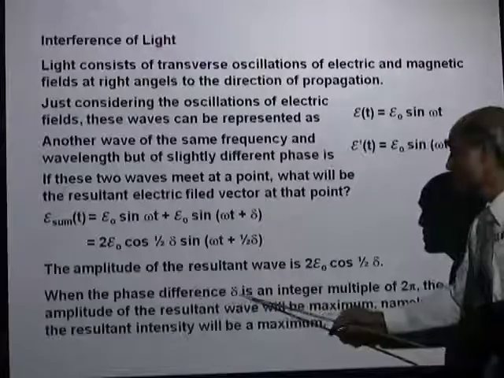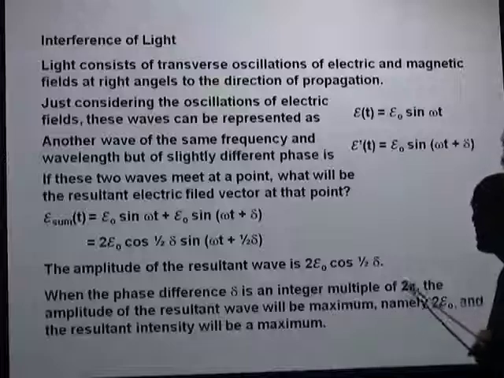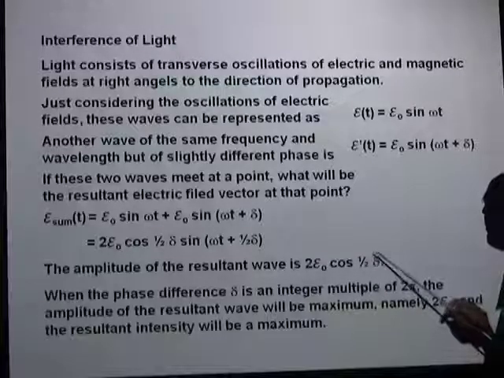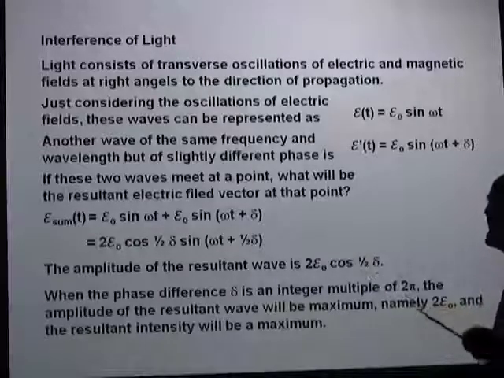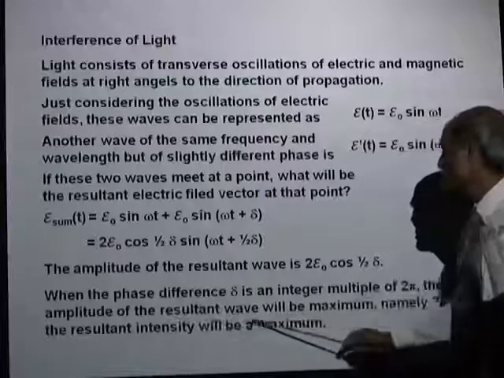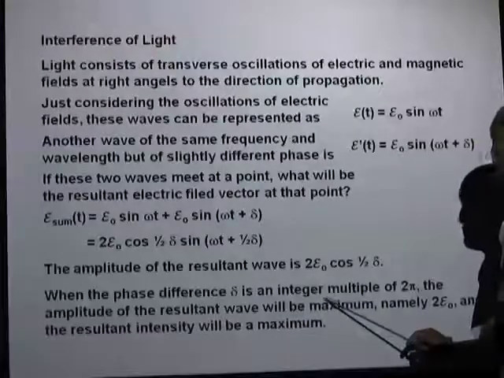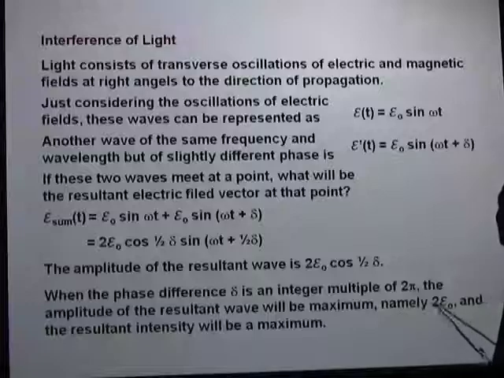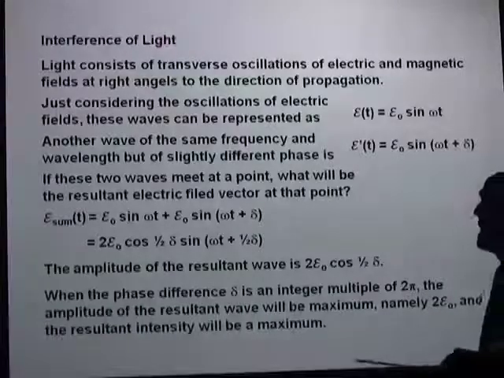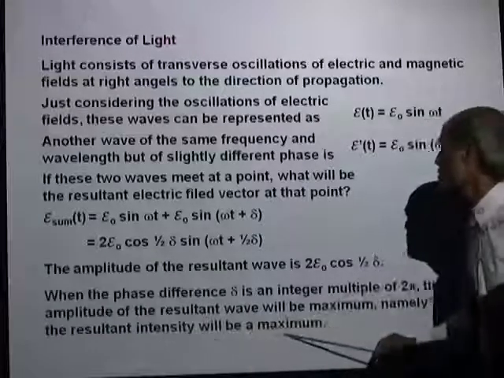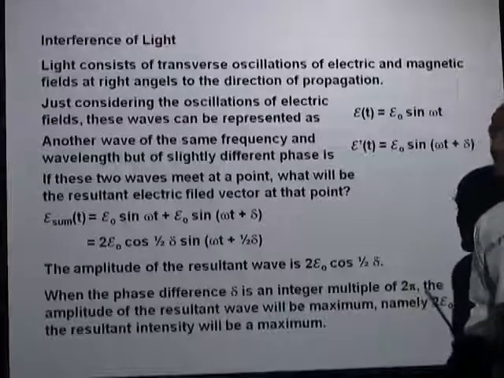When the phase difference delta is an integer multiple of 2 pi, what will be 1/2 delta? The amplitude of the resultant wave will be maximum, namely 2E0, and the resultant intensity will be a maximum.